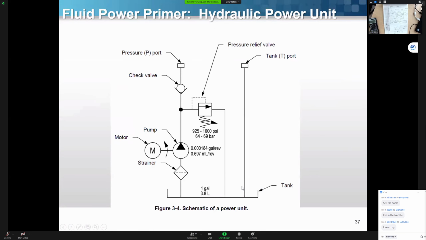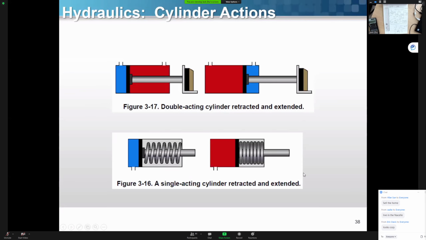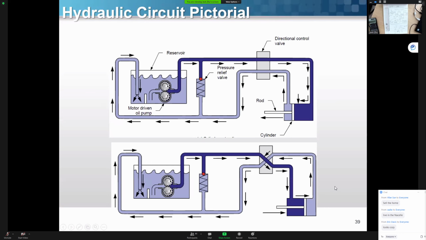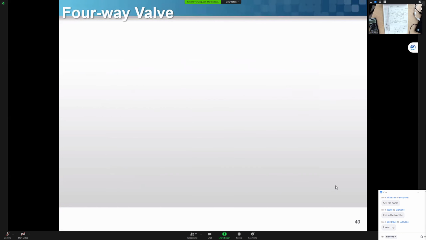But if you're interested in taking the part-time course, that's why I gave you the whole PowerPoint. You can look at it. But anything about hydraulics is not going to be on your exam. They have different kinds of cylinders and ways to control them, and those are all hydraulic systems, so I'm not going to spend time explaining them to you.